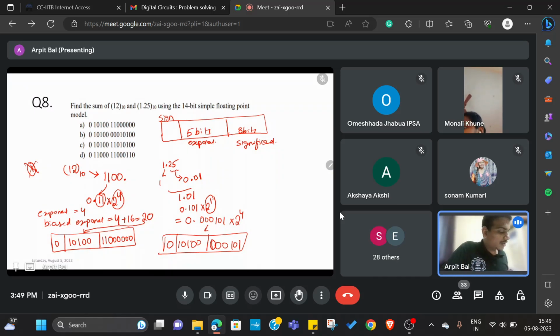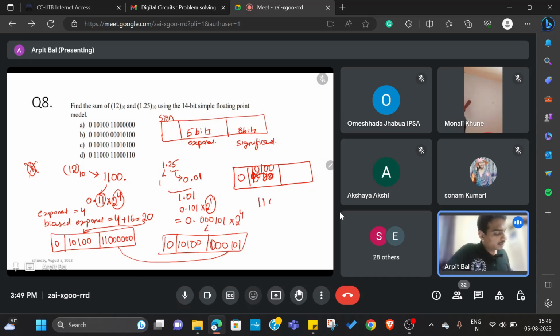Okay, and you just need to add the significands to obtain the result. The sign bit will be the same, and the exponent will also be the same. Sorry, the exponent is 1 0 1 0 0. Only the significands will be added. So now let's add the significands.